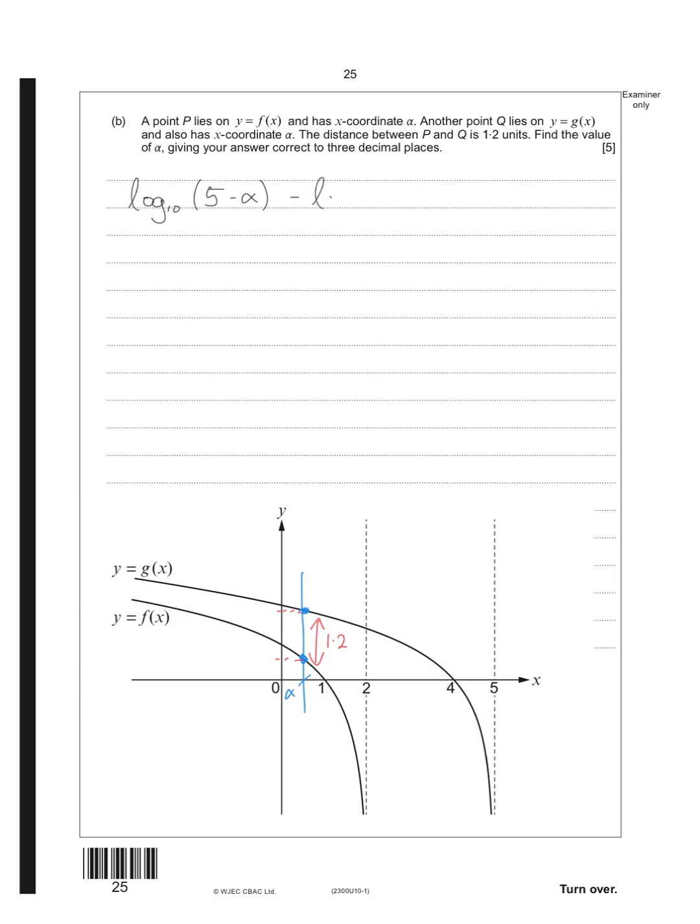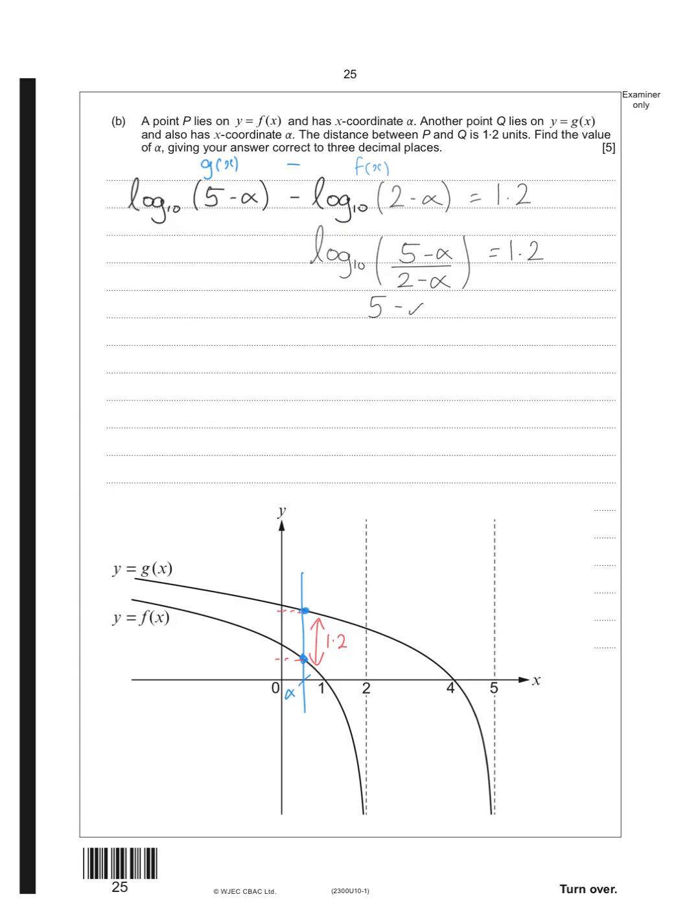And if we subtract from that log to the base 10 of 2 minus your x value, so this bit here is g of x, this bit here is f of x, and the difference between them is what this question is about, and we know that's equal to 1.2. Now, because we've got two logs with the same bases here, we can use the log rules. So log to the base 10 of 5 minus alpha over 2 minus alpha equals 1.2.